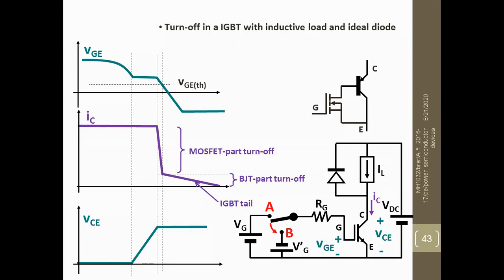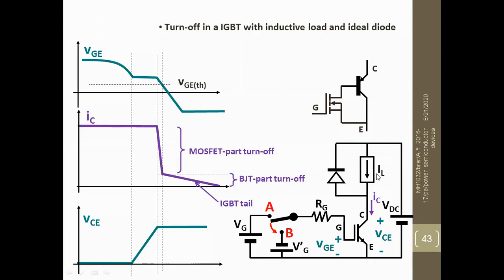Here, if you observe the gate emitter voltage, it should be positive, in the forward biased condition. The figure shows the gate emitter voltage and VCE within the equivalent circuit of the IGBT with an inductive load applied. The arrow mark shows the inductive load.